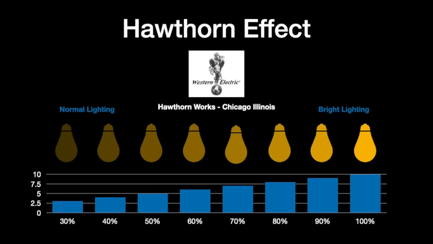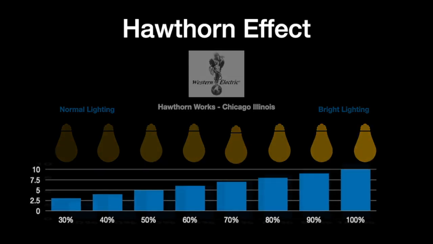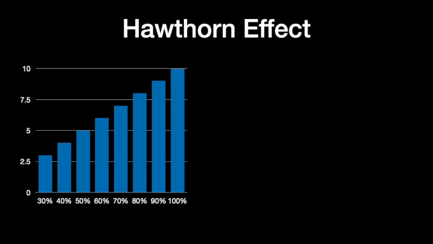And there is a piece of this, like I was just saying about the suprachiasmatic nucleus, that's very valid. However, this data was reanalyzed many years later by a person by the name of Henry Landsberger in 1958.